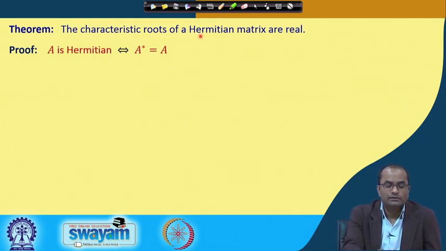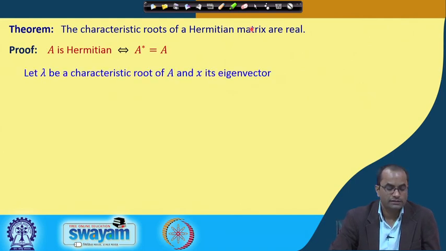Here we have the result that for a Hermitian matrix all the characteristic roots are real. So, if lambda is a characteristic root of A and x the corresponding eigenvector, then we will show that lambda has to be real.